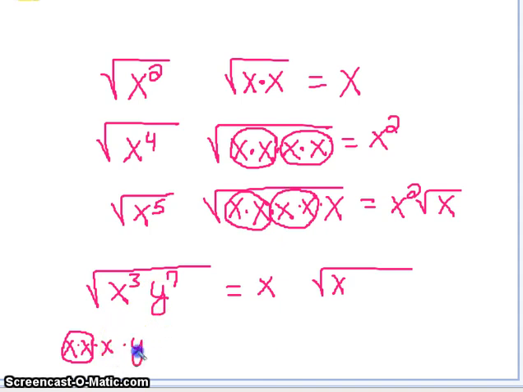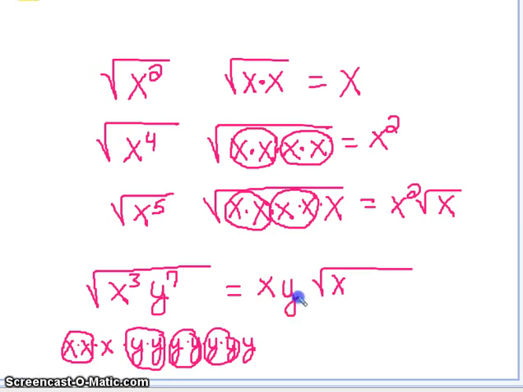And I have 7 y's, 1, 2, 3, 4, 5, 6, 7, so 1, 2, 3 pairs, so that would be y to the third, and then because it's odd again, I have 1 y left under the radical.